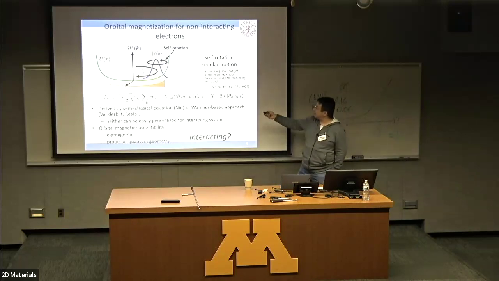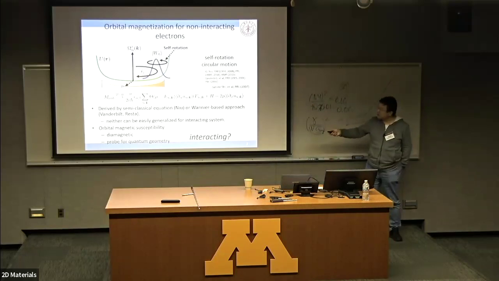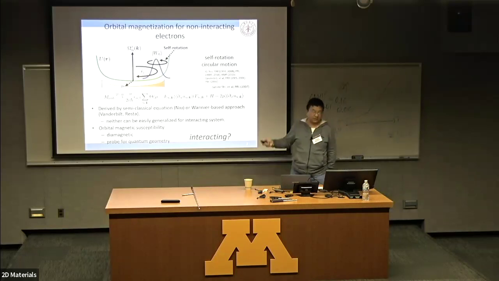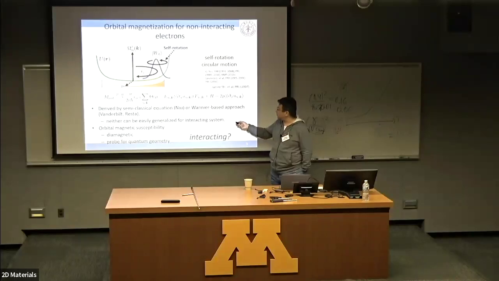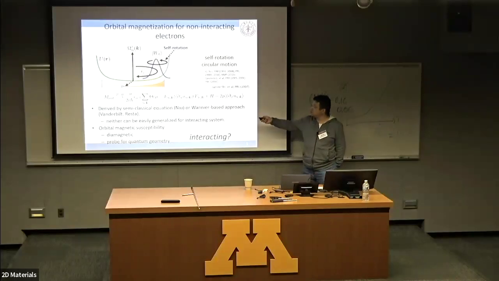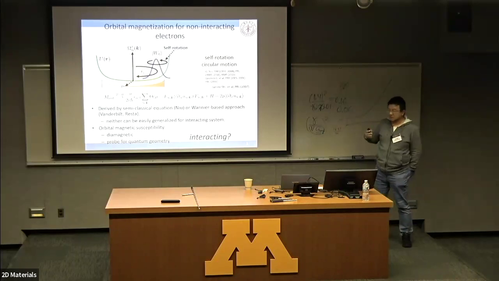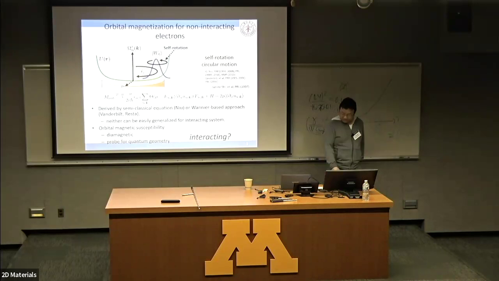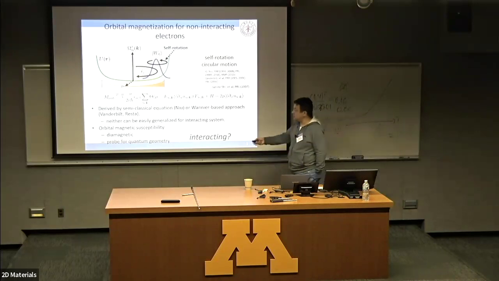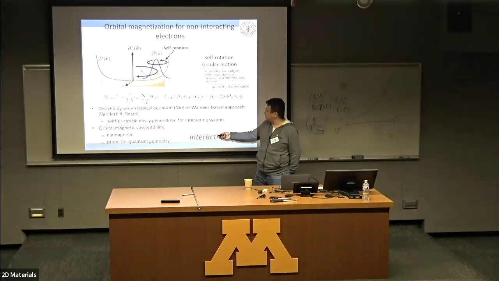In these papers, they have a formula to obtain the orbital magnetization for non-interacting systems, where |u_nk⟩ and H are the Bloch states and the associated Hamiltonian for the non-interacting case.